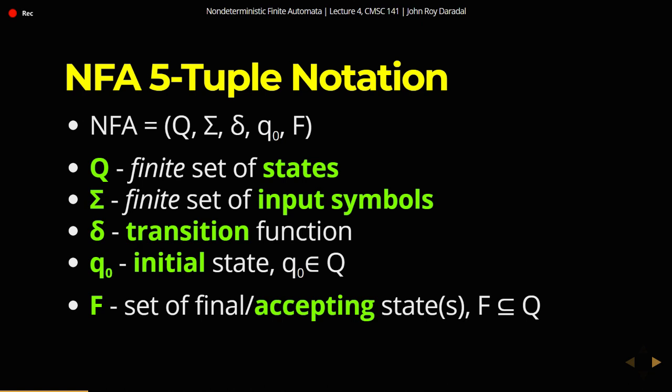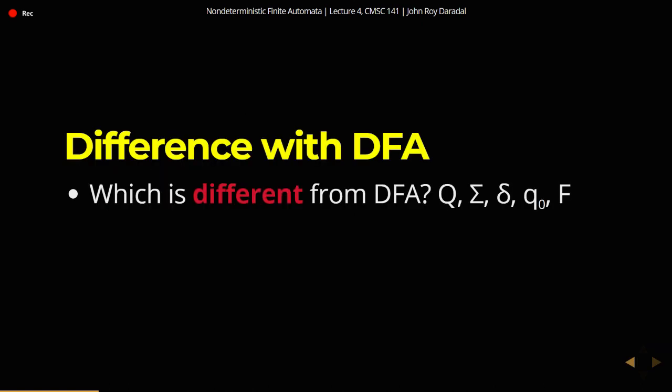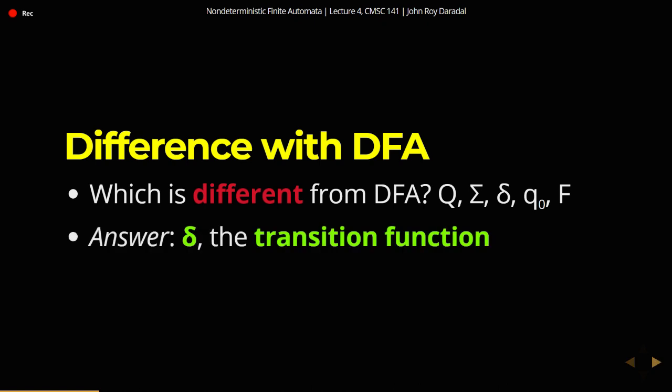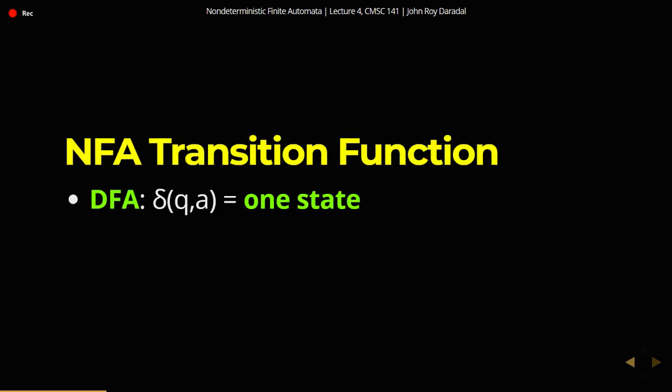Okay, so it's more or less the same with DFA, but what do you think is different from the DFA out of the 5? It's the transition function, delta, which is different. Everything else is the same.